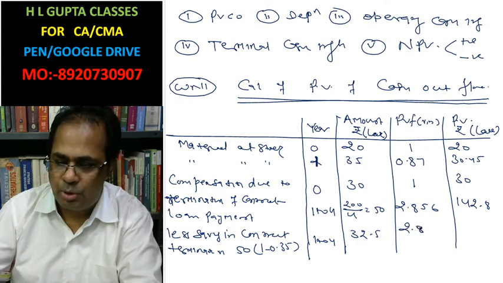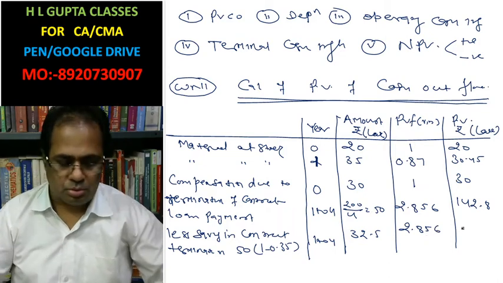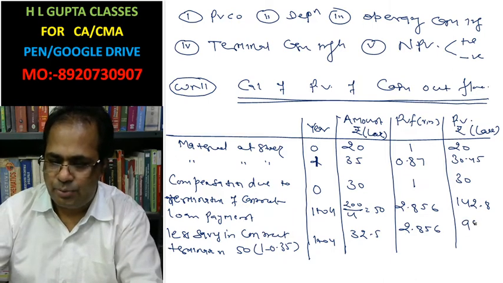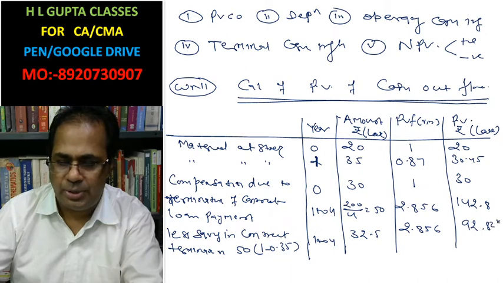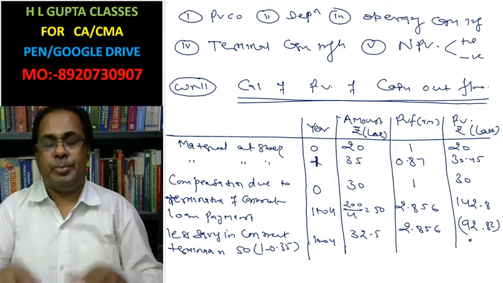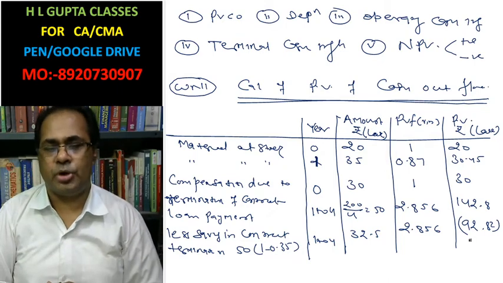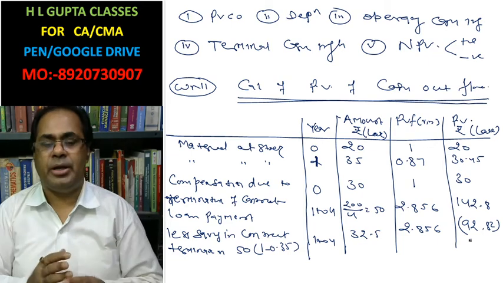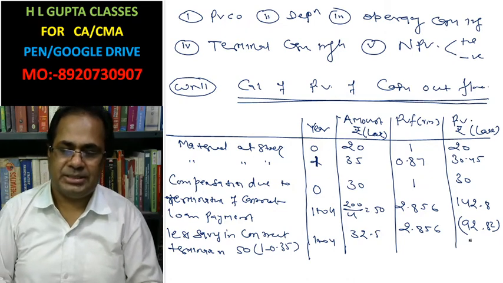This is a saving for the 5 years, 32.5, which comes to 92.82. Why is there a saving? Because you are going to manufacture the product from the disposal goods. After manufacturing, you do not have to pay the contractor 50 lakh each year.